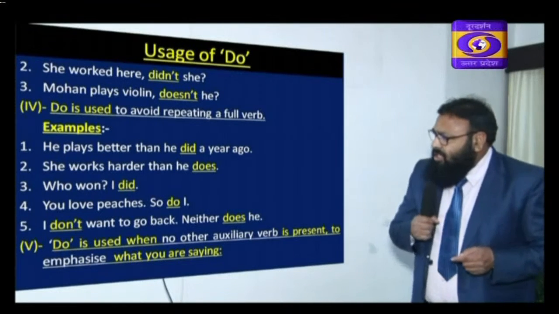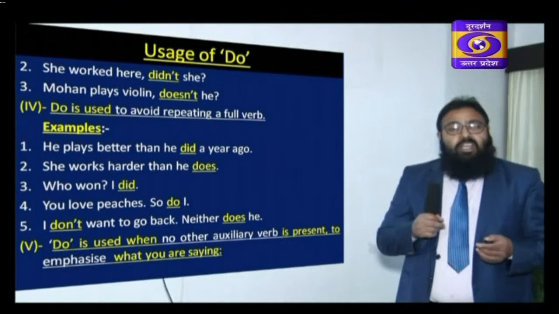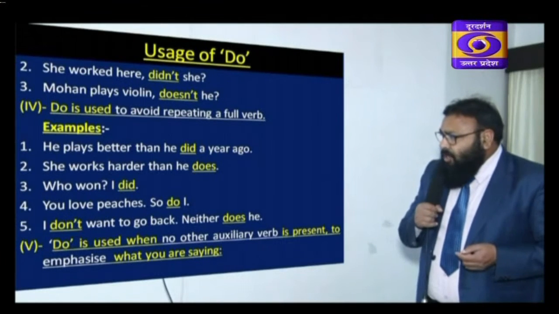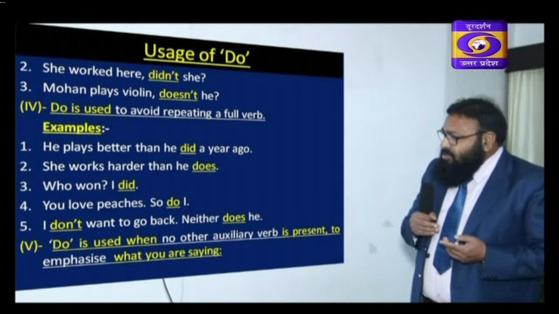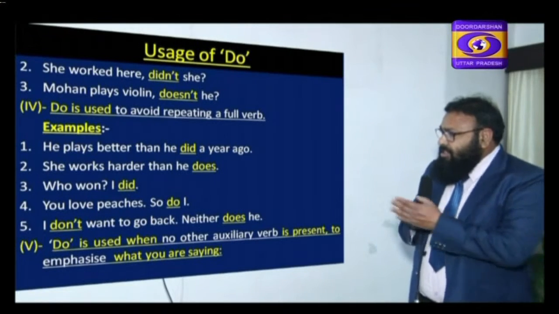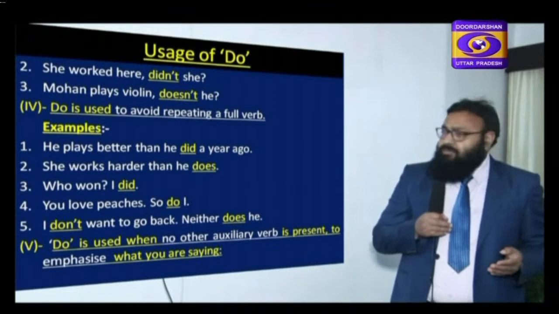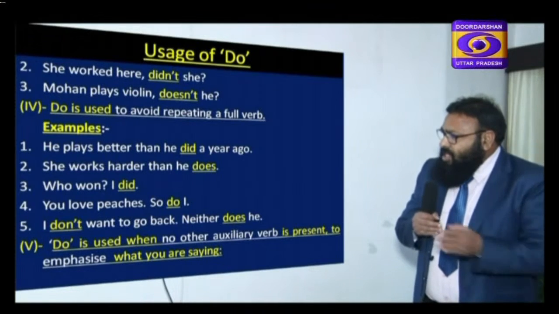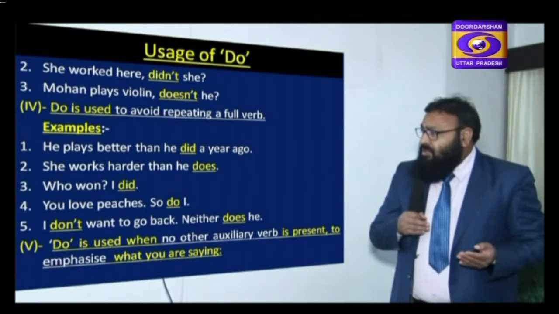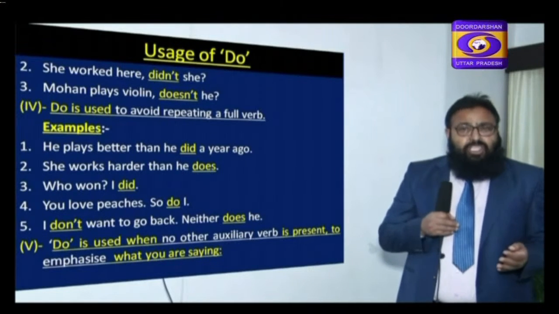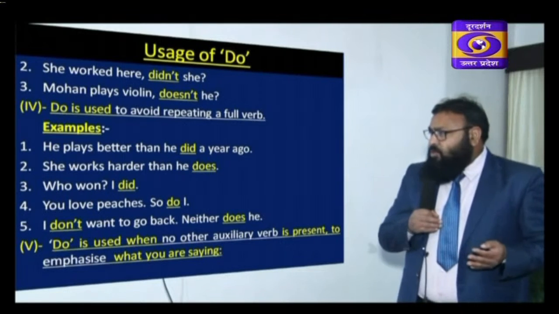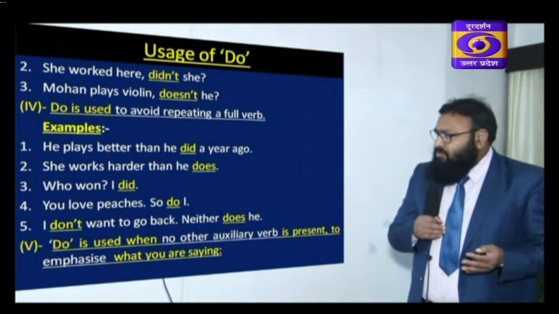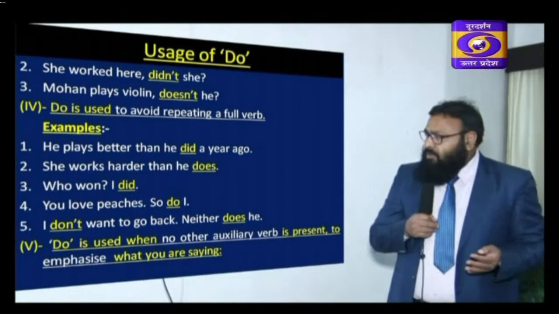Here it is did. So he plays better than he did a year ago. She works harder than he does. Now, the sentence is, she works harder than he works. So here the comparison lies. In order to avoid the repetition of the main verb work, we make use of does, in the same tense, in the same number.